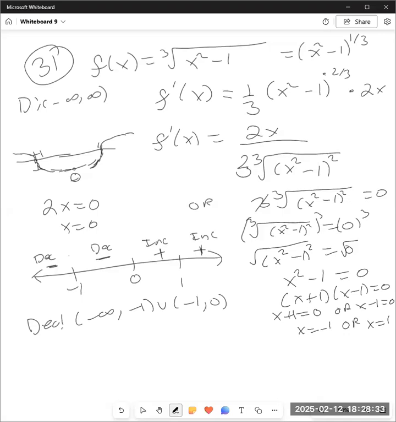This is undefined, but it's going to -infinity, which is still a negative number, which is why they're saying that this is still going down, and increasing from 0 to infinity, because this is going off to positive infinity. So they go left to right, and that's why those have been mashed together.